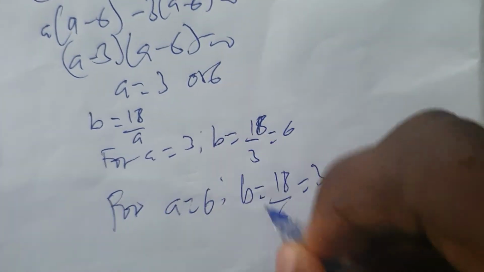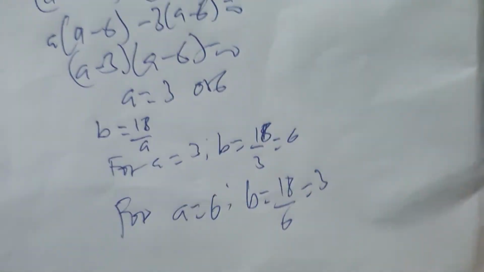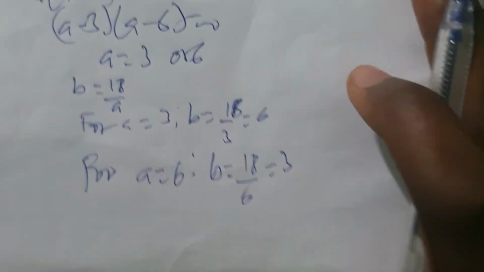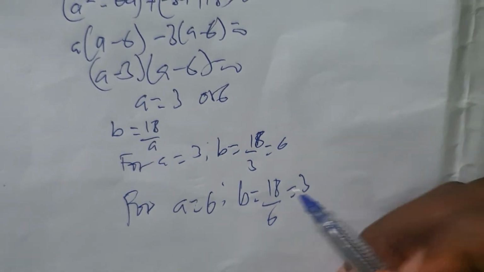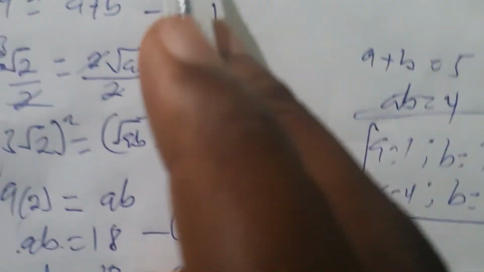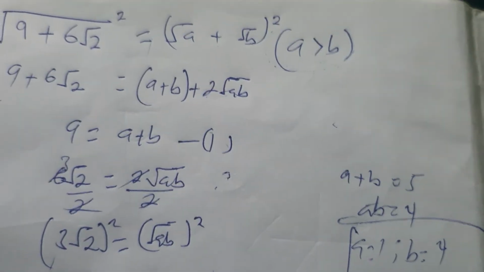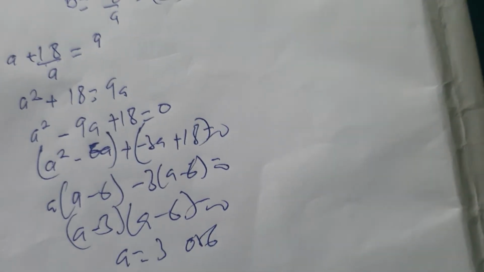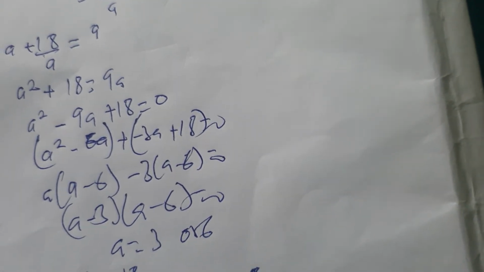So you see, we have two sets of answers, as I said initially. But a should be greater than b, using the condition provided here. So we pick the second one instead of the first one. If you pick the first one, it will still work because of the plus, as I explained initially. So we pick a to be 6 and b to be 3.